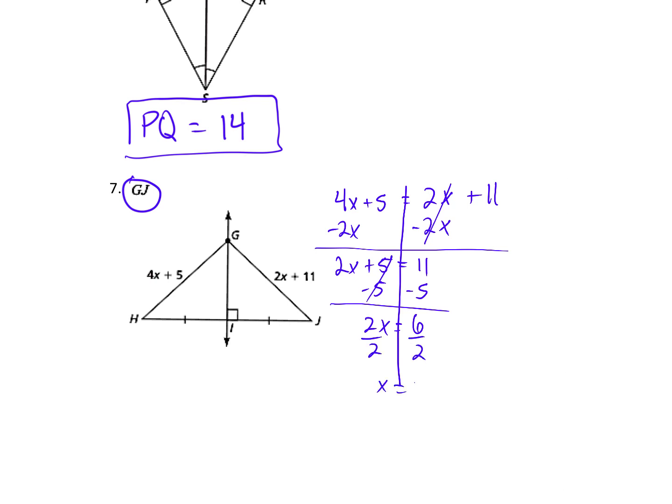That gives us x equals 3. I'm almost there. I need to take that 3 and put it in GJ, which is this equation. So this has to go there. So GJ is 2 times 3 plus 11, which is 2 times 3 is 6 plus 11 gives us 17.